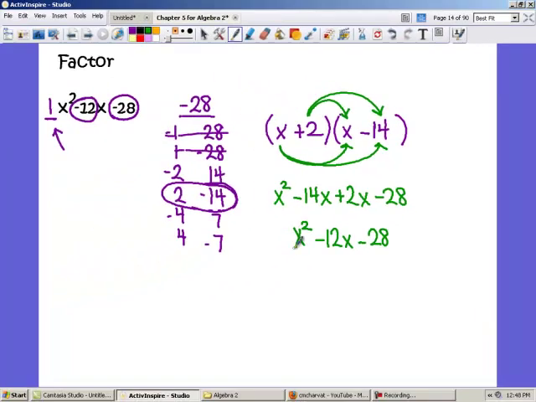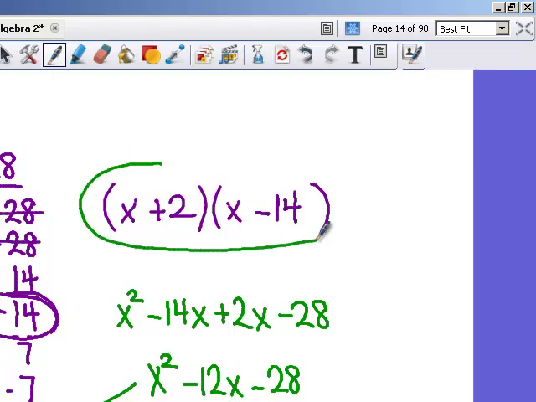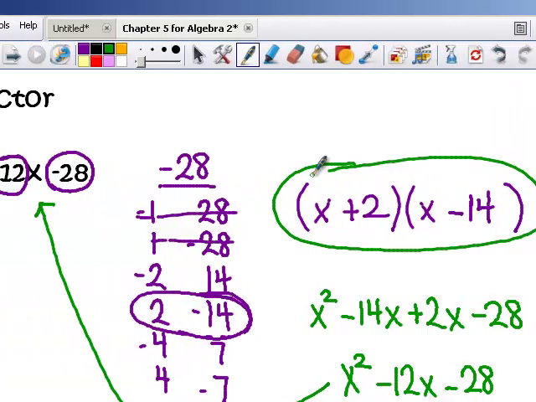We come up with the same exact thing they told us to factor. And that's what we want. So x plus 2, x minus 14, that is your answer when you factor. So I'm going to erase this out so you can see the answer. So there's the factors of this quadratic function.